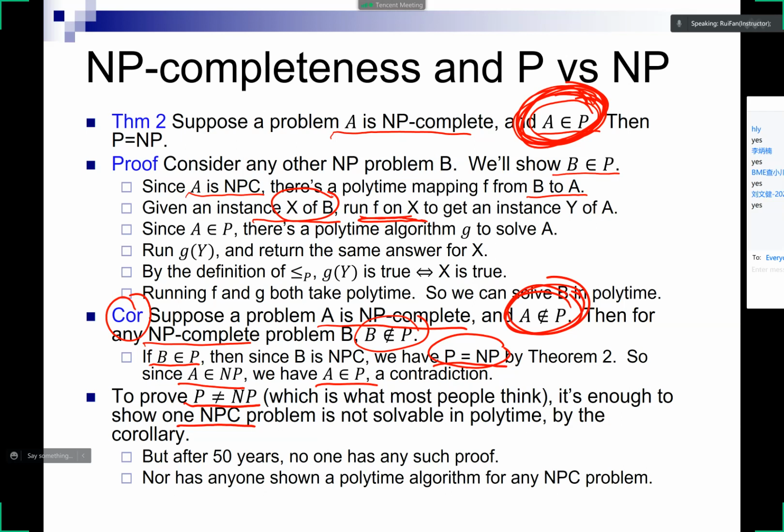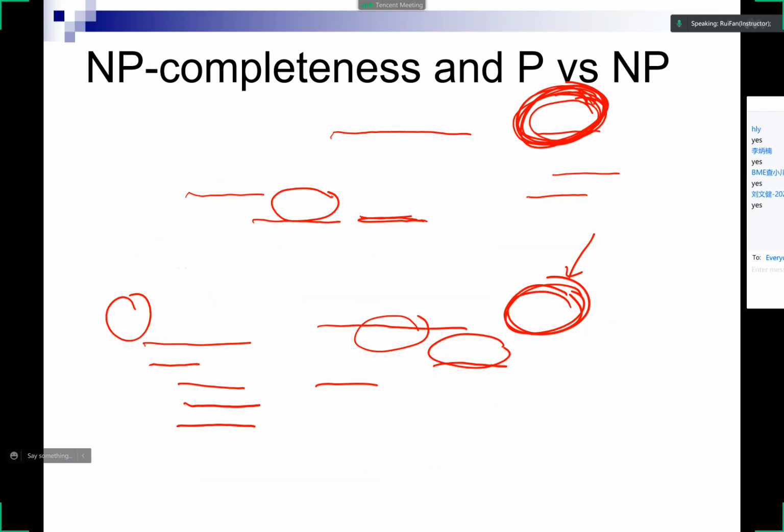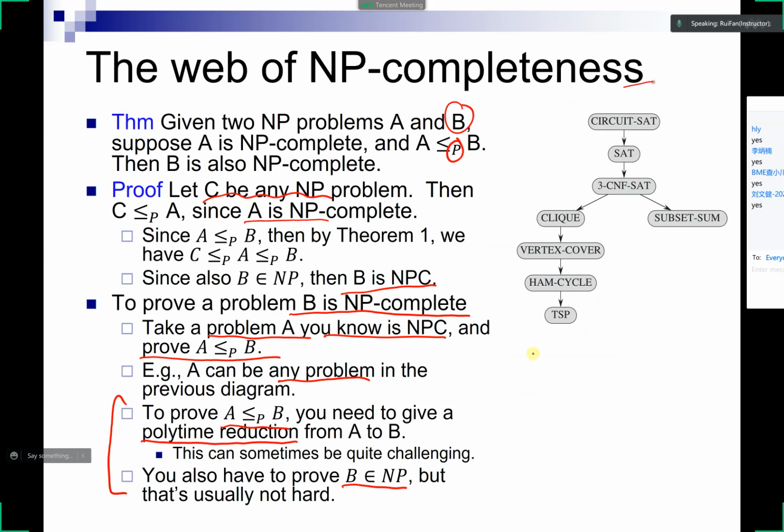Now, unfortunately, we currently don't have any proofs of this. Even though you're allowed to pick any NP complete problem you want, and the nice thing is that there are many NP complete problems, if you go back to this chart, you can pick whichever problem you think is the easiest to work with. Maybe you're very good at logic problems, so you pick SAT.